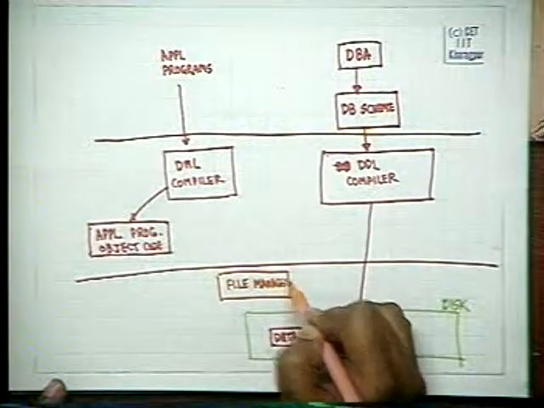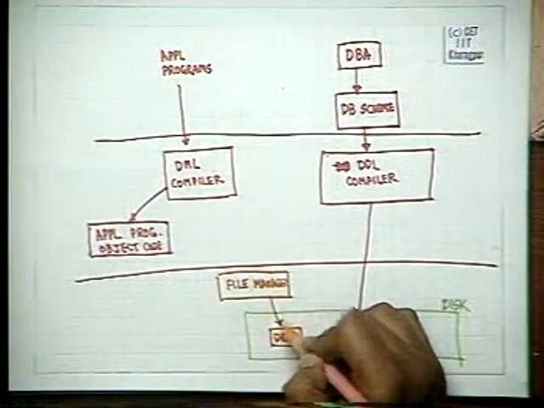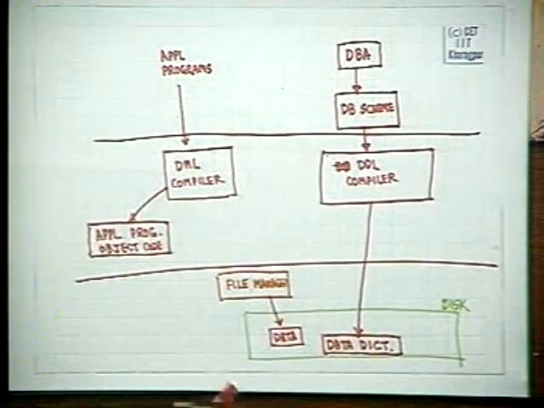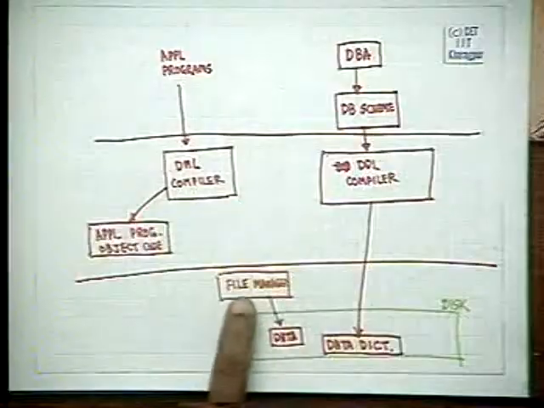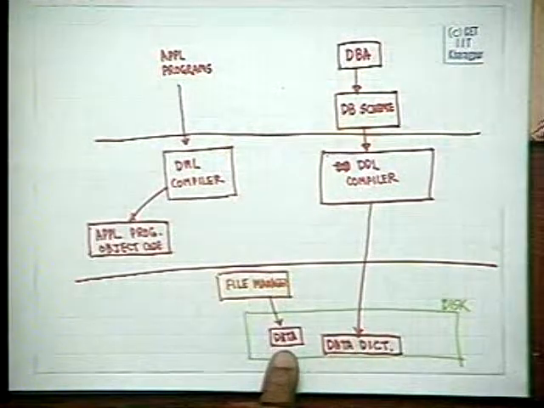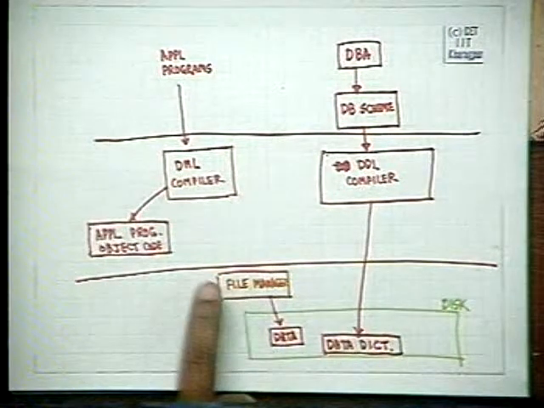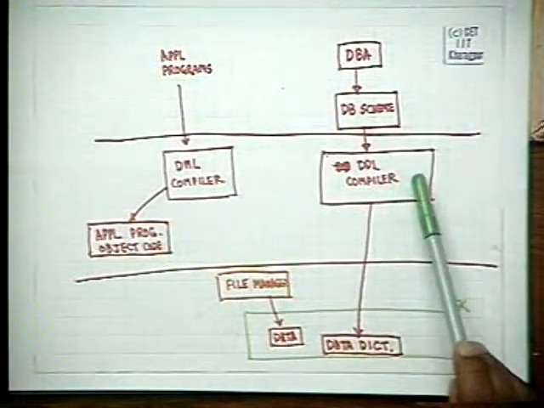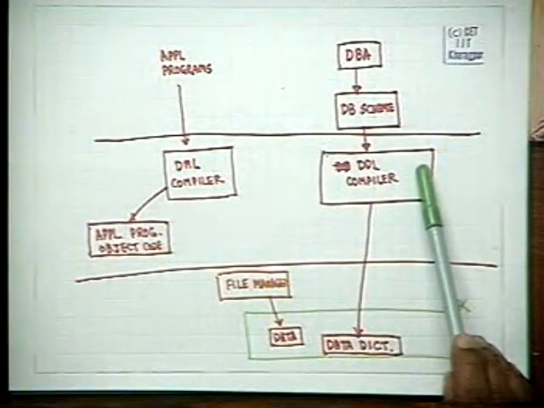What does a file manager allow you? The file manager allows you access to data, and the files are accessed to read, write and all these operations which are provided by the operating system. Now, they must know which data to access. This will depend on the way the data is stored and defined.